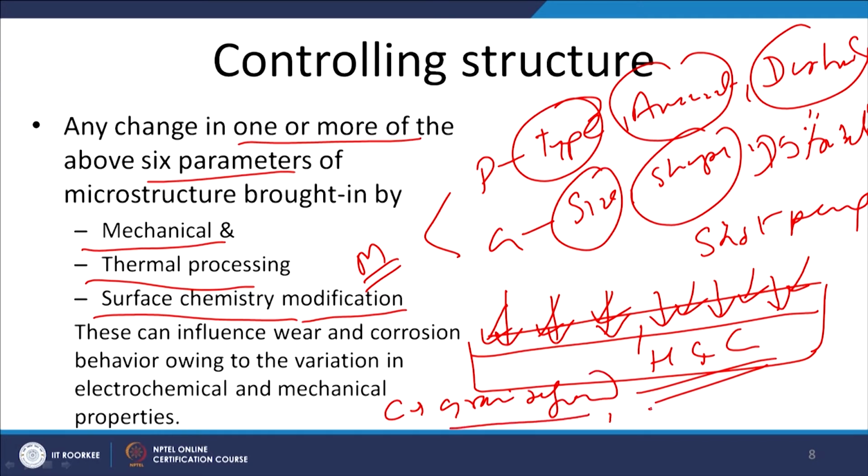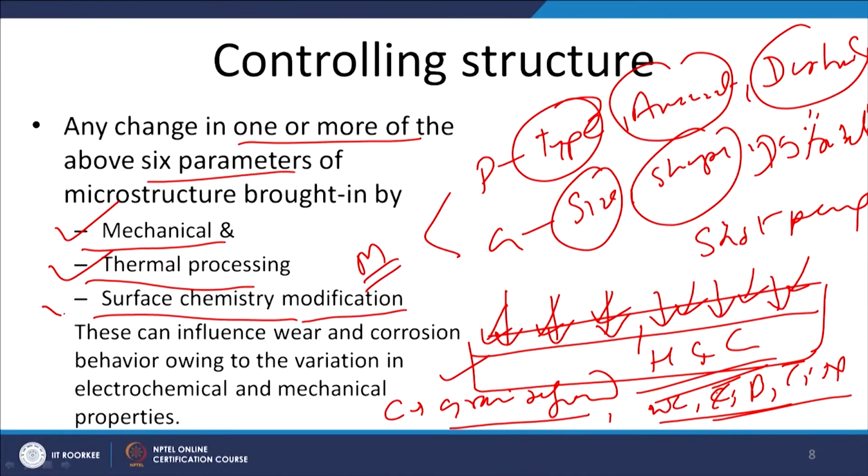Certain elements will form certain compounds, carbides, borides and nitrides, like tungsten carbide, titanium boride, titanium nitride, etc. So, those elements act as a grain refiner or form intermetallic compounds and unique phases which will be able to offer the required set of properties.